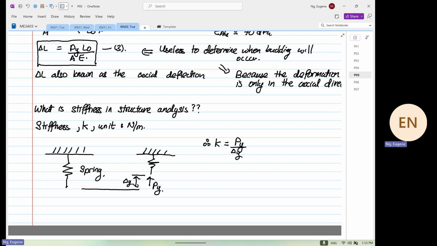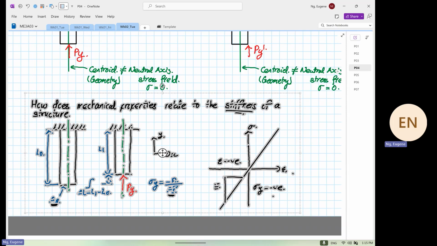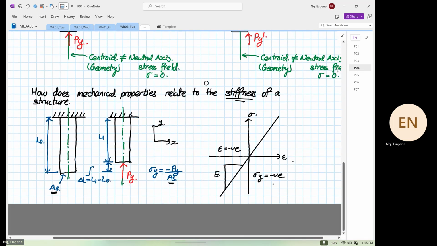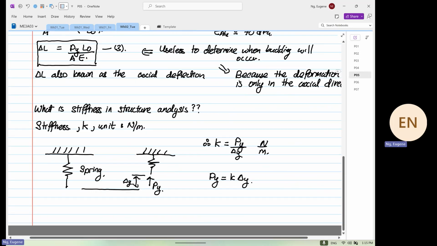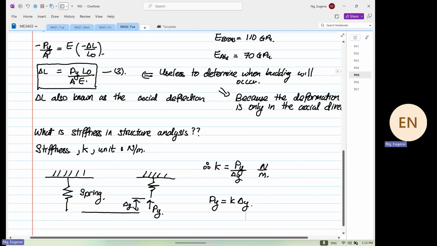So this is where the unit is Newton per meter. So we know that Py is equal to what? It's equal to K delta y, right? So we know that delta y, from our previous equation, we know what is our delta y, right? So from here, our delta L is also equal to our what?